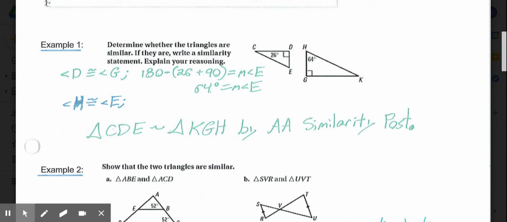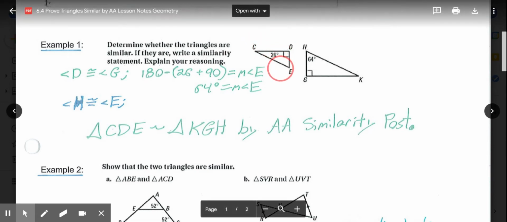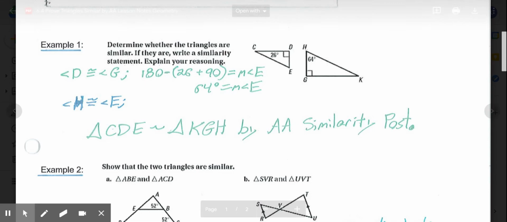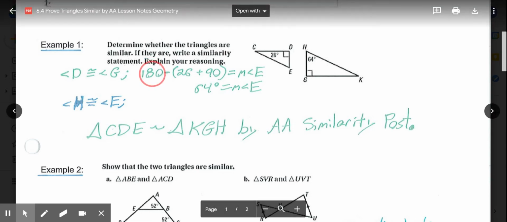What I want to do is find my missing angle on one of the two triangles. So we'll use triangle CDE. I know triangles add up to 180 degrees.